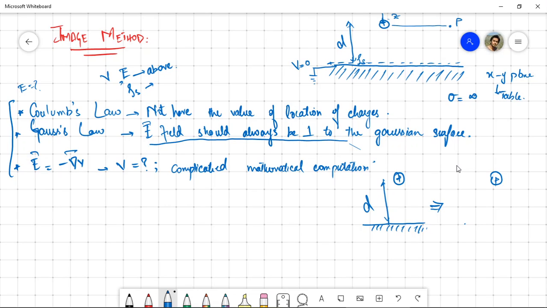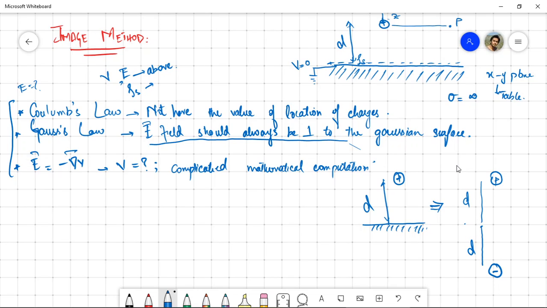What is the image? We know that everything we see in a mirror is reflected, so this is D. If we see this in a mirror, we will see this charge at a distance of D once again, but the image will be reflected.